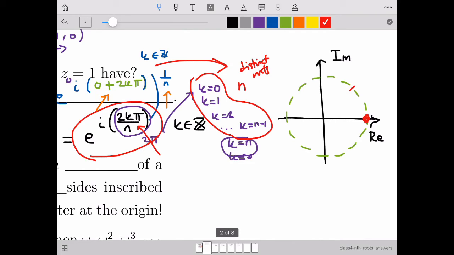And when k is 1, we have to add 2 pi over n. So that's when k is 1. When k is 2, we add 2 times 2 pi over n. That's when k is 2, etc. Right?